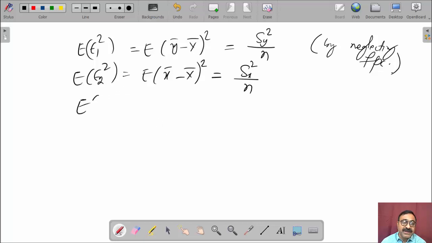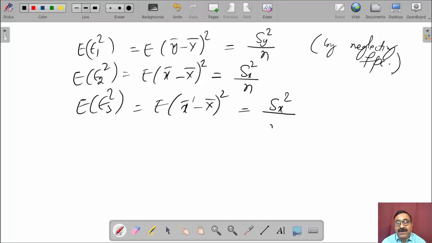Similarly, expectation of epsilon 3 square is equal to expectation of (x bar dash minus X bar) whole square, that is equal to Sx square by n dash, because this is for the first phase sample and the first phase sample is of size n dash.